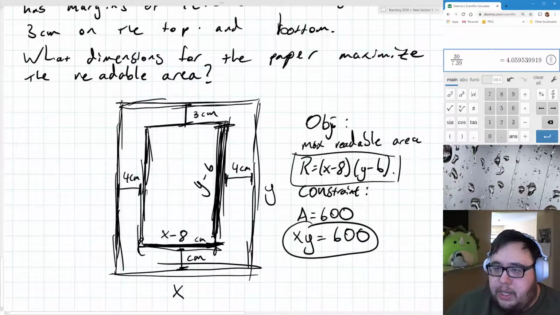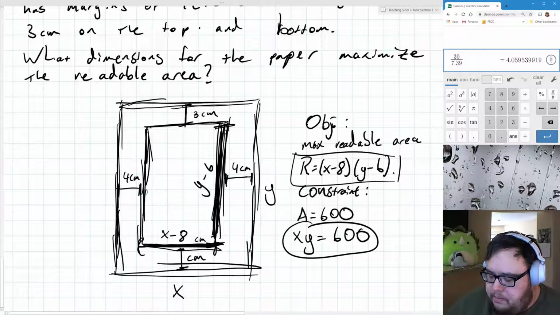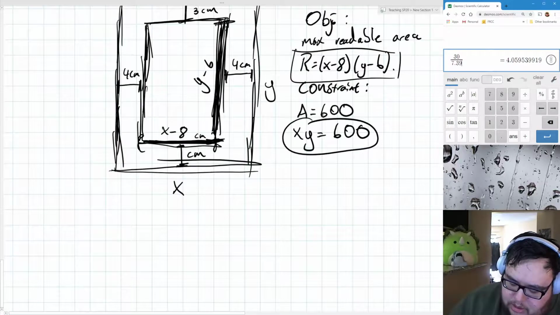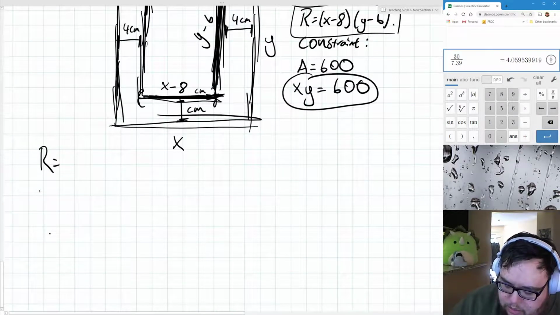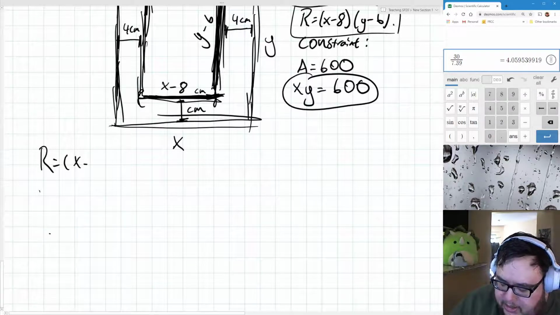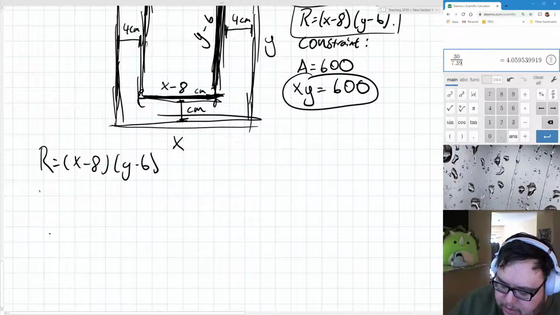So we can now take our objective and rewrite it using the constraint. R is equal to x minus 8 times y minus 6, and xy is equal to 600.